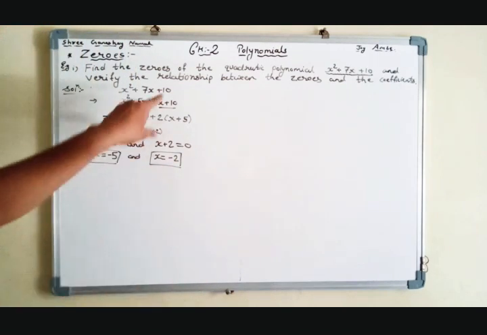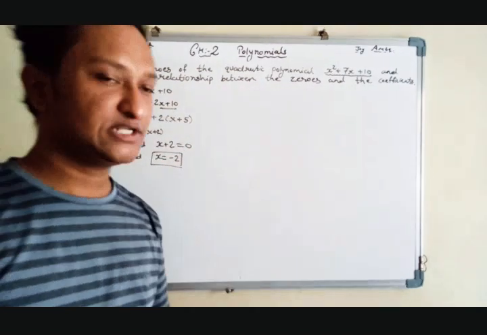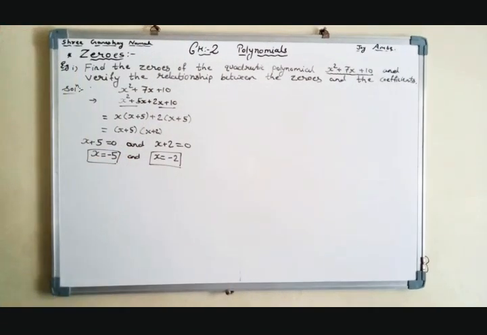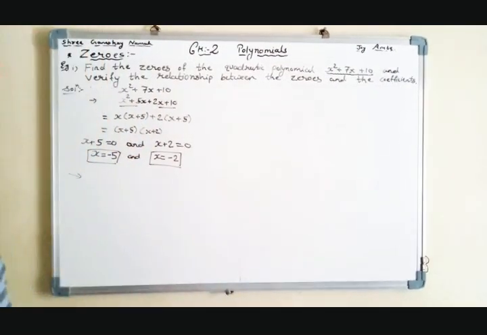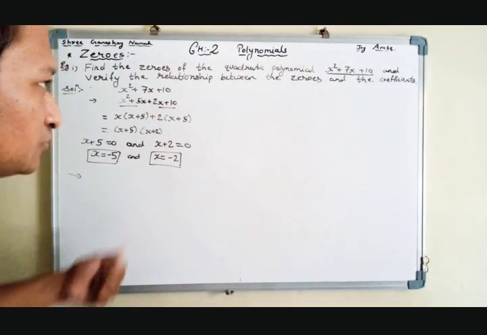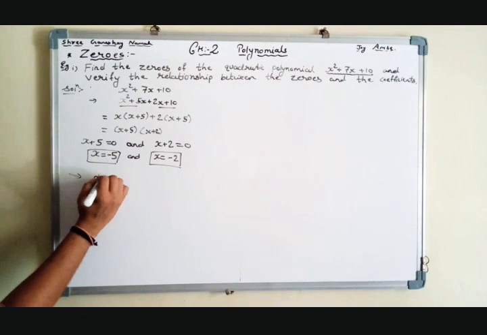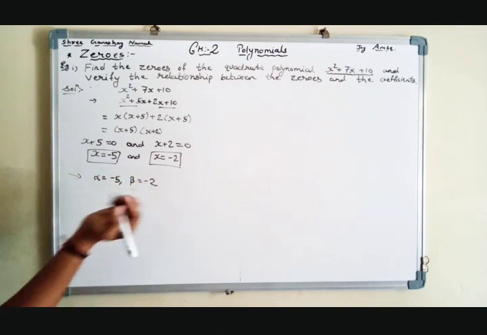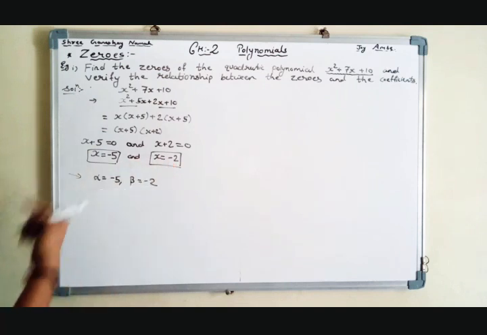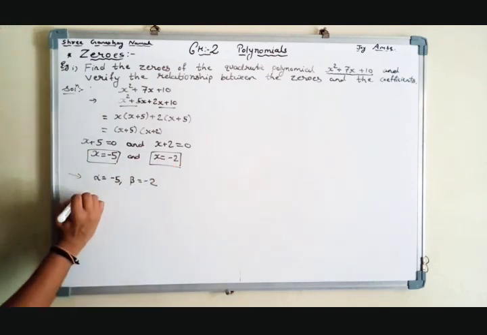Okay, now we will verify the relationship between the zeros and the coefficients. How? We previously learned the formula alpha plus beta equals minus b by a, alpha into beta equals c by a. We will use it here. What is alpha? Alpha equals minus 5 and beta equals minus 2. First one, sum of zeros.